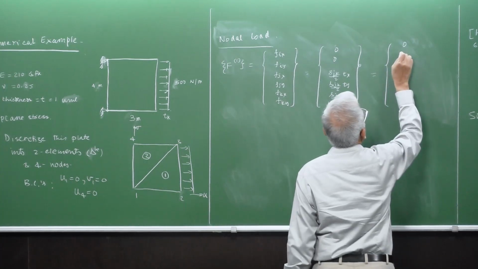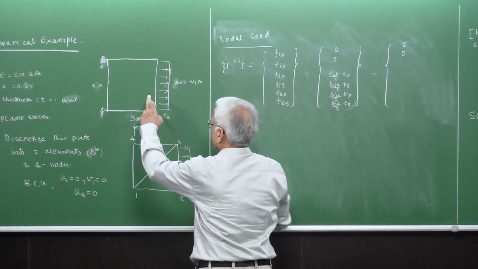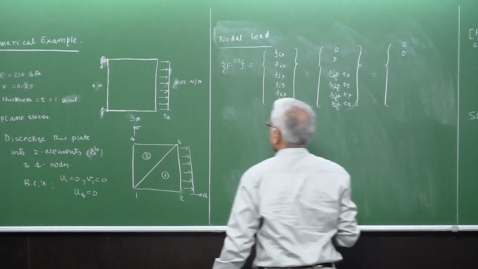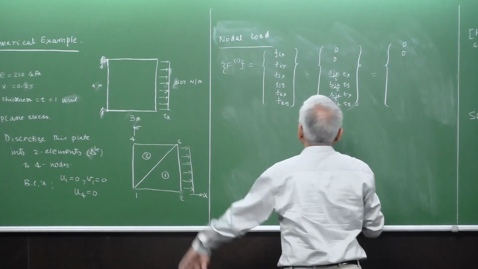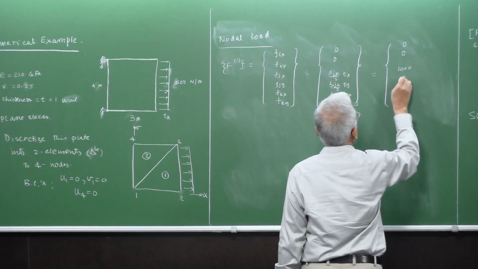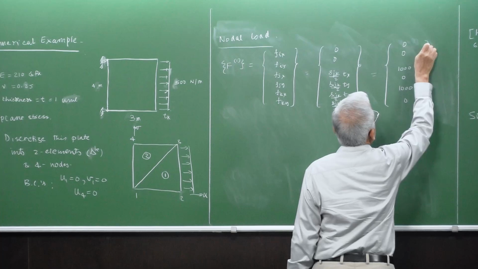So it is nothing but 0, 0, and the side length here is 4. 4 multiplied by this 500, it's 2000. So it is actually 1000, 0, half of it, and 0.